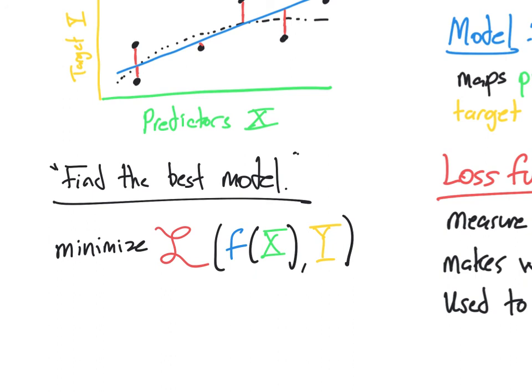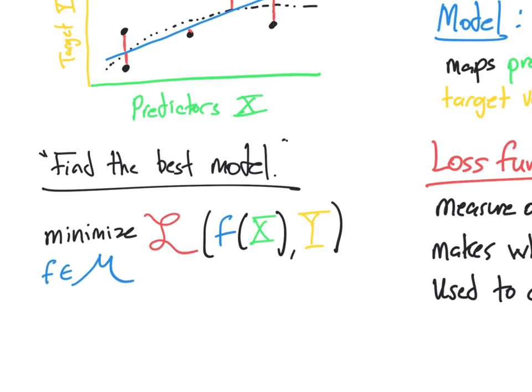And we want to minimize this across all choices of f. Remember, f is the model. We want to minimize this across all choices of f in some set M of possible models. So this is the fundamental math problem at the heart of machine learning. We want to minimize the loss function in the set of possible models.